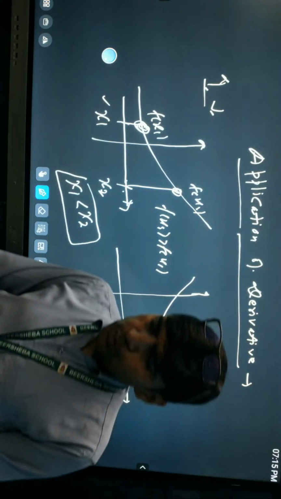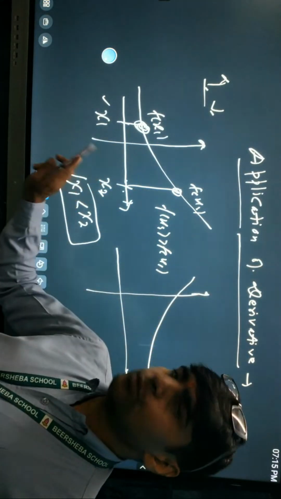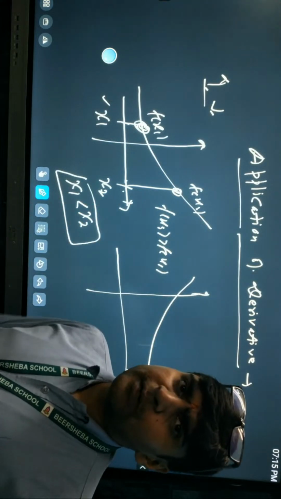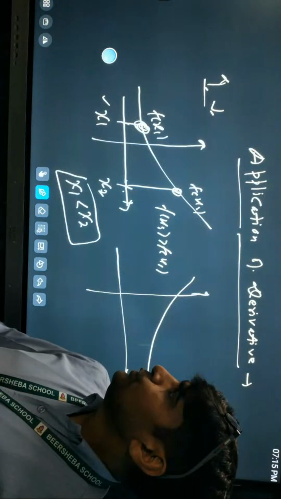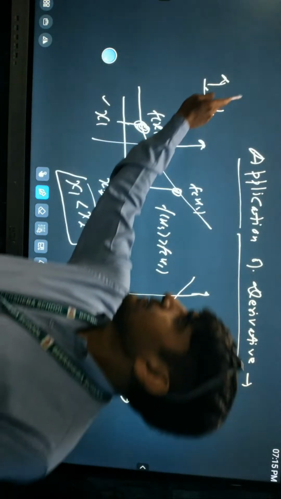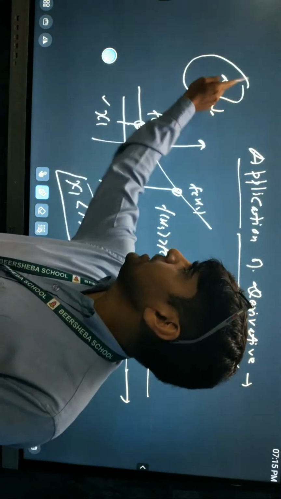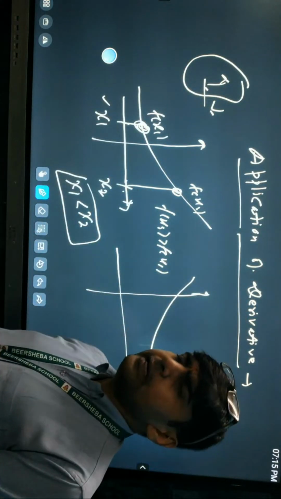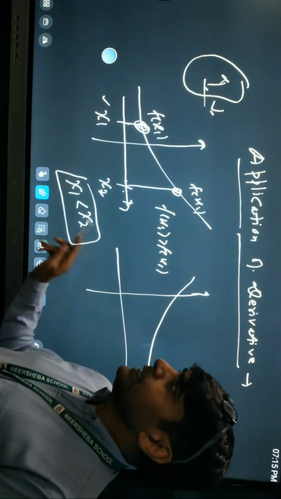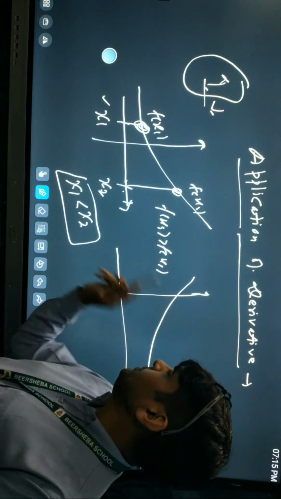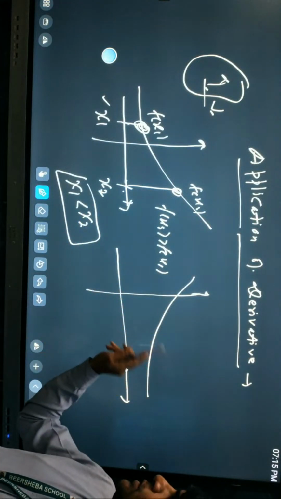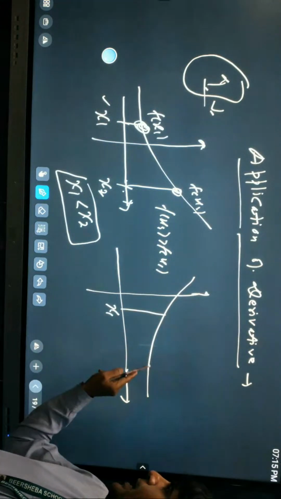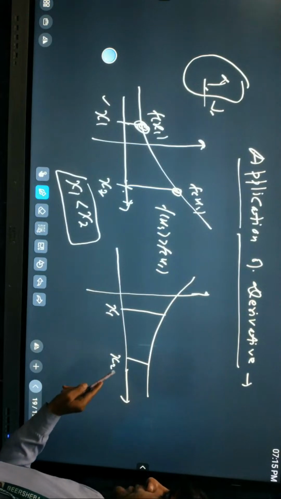इसका मतलब दो पॉइंट हमने चूज करे x1 x2, x2 is greater than x1, तो x2 पे फंक्शन की वैल्यू भी बड़ी है बच्चों. This function is known as strictly increasing function. Similar manner, you see here, this is x1 and this is x2.